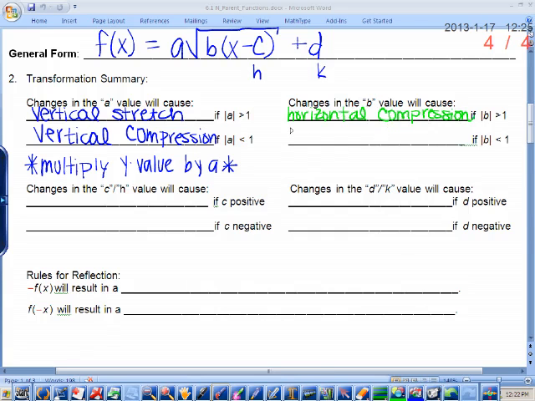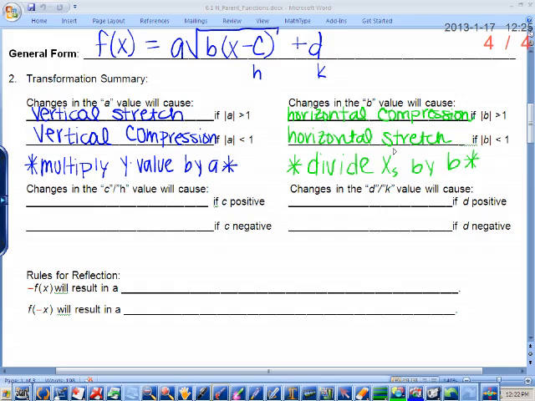When b is less than 1, it's a horizontal stretch. And the way we apply that is we divide, because it's the opposite. It looks like it's multiplying, so we do the opposite operation. We divide the x values by b. So that makes sense why we get a stretch if b is less than 1.